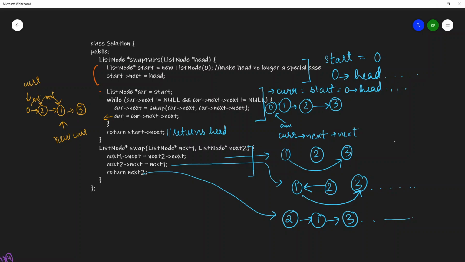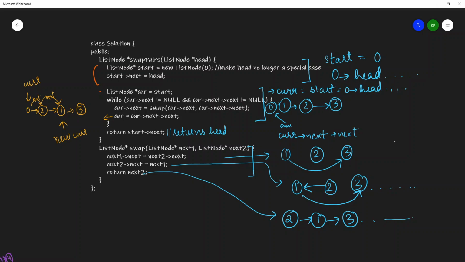So how I'm linking it: our current would simply start from 0, basically from the dummy node, right? And we are taking that particular node which we are required to join, but not swap.